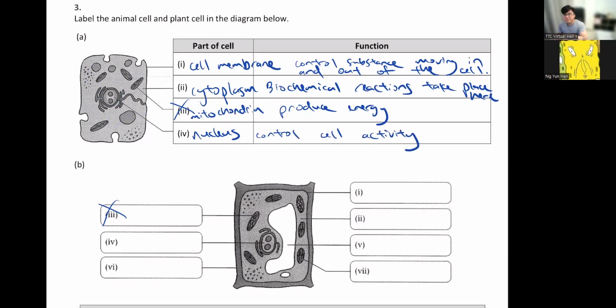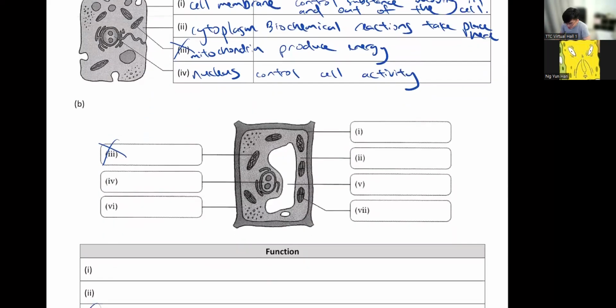So everything the cell needs to do is controlled by this fella. Okay, that's the boss. So you have the boss, you have the worker, you have the skin, the guard house. So that's a very basic cell. A cell is more complicated than that, but we're not gonna go too complicated into it.